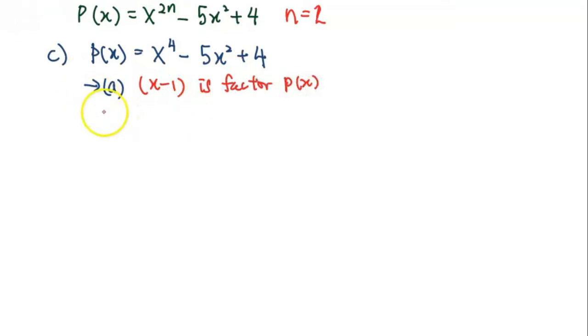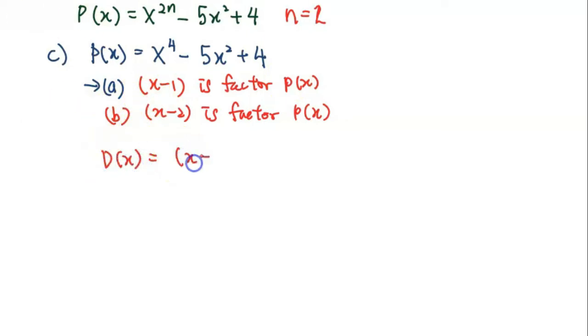For question B, it mentioned x minus 2 is a factor of this polynomial also. Therefore, we are already given 2 factors. So these 2 factors will become our divisor. In order to find another 2 factors, this divisor will equal x squared minus 3x plus 2. So I will divide by these 2 factors in order to get another 2 factors.